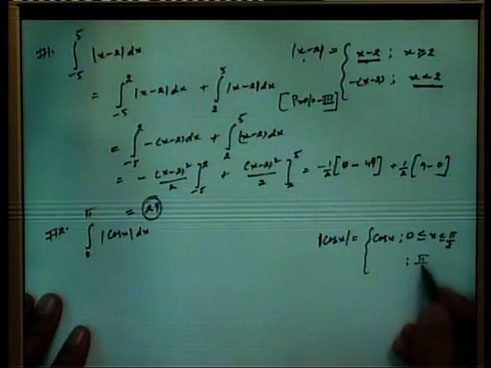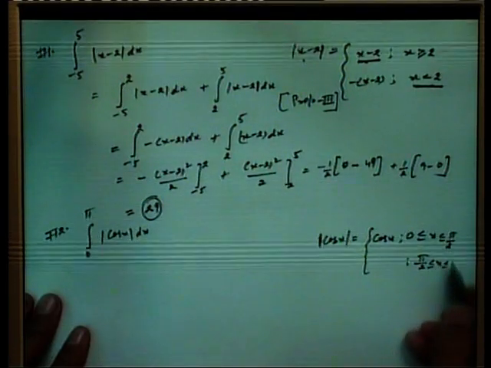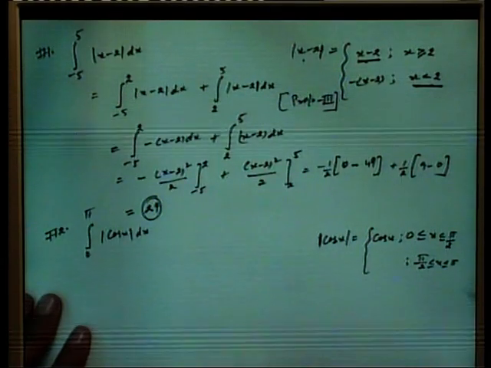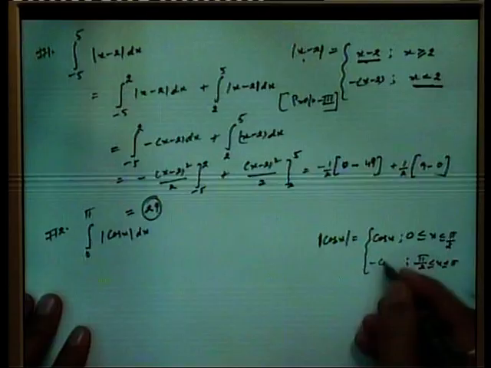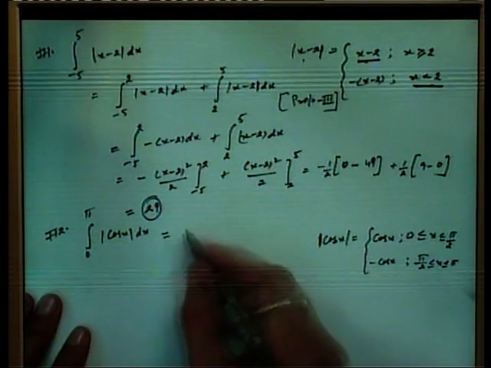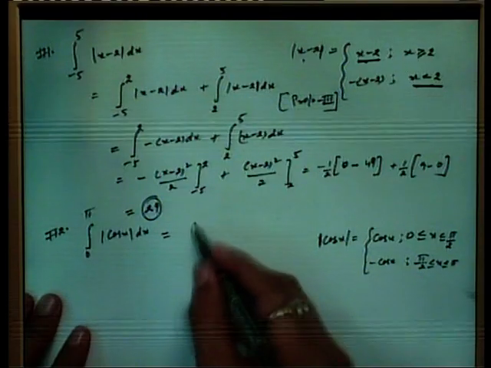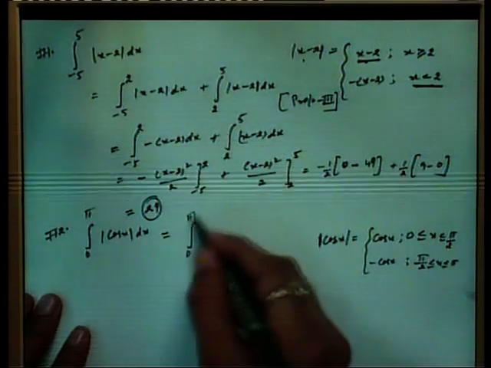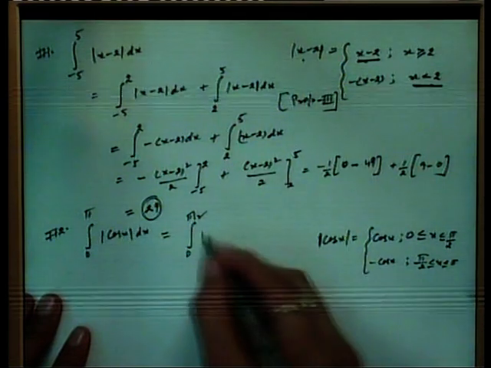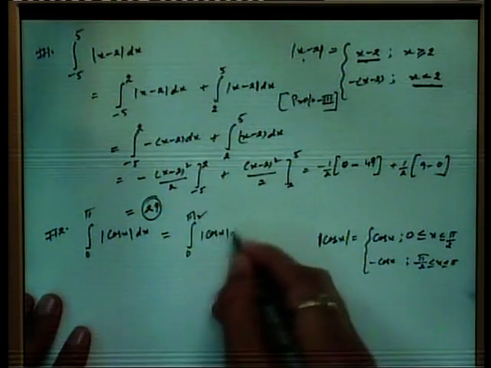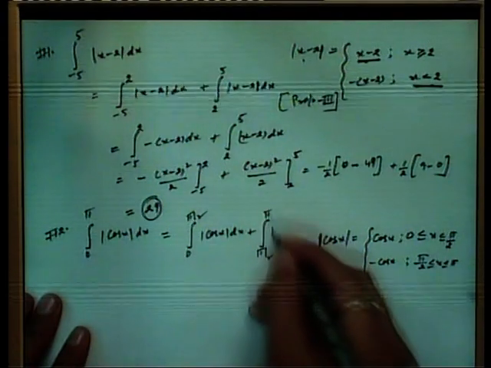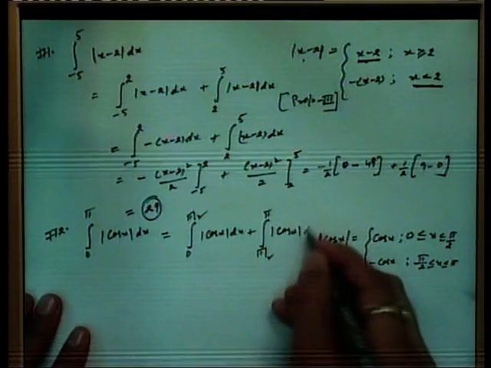When x lies in the second interval, in the trigonometry, cos x is negative, so mod of cos x is minus cos x. So using property third, we divide the integral into 2 integrals: 0 to pi by 2 mod cos x dx plus pi by 2 to pi mod cos x dx.